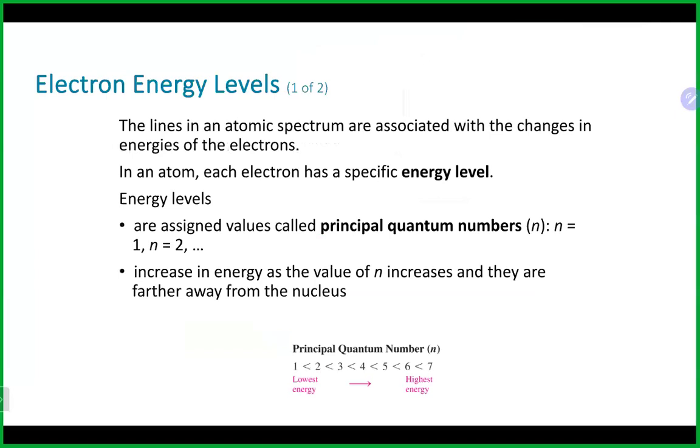So when we talk about energy levels, there are actually 7 different energy levels that we come across, and we refer to them as n. n is the principal quantum number.